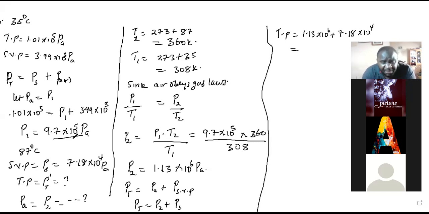Someone compute that again. Check P1, or P1 could be having a problem. Teacher, it's to power 4. Power 4, yeah, that's where the concern is. So change it. So this is power 4. When you change it to power 4, what do you get? This will be power 5. So if this is power 5, this is also power 5.